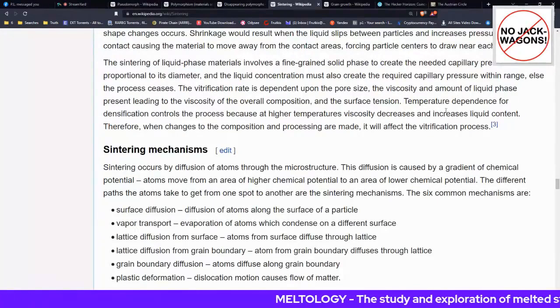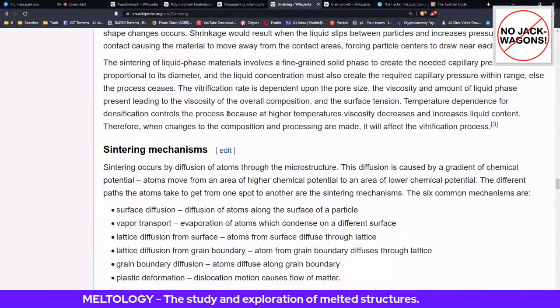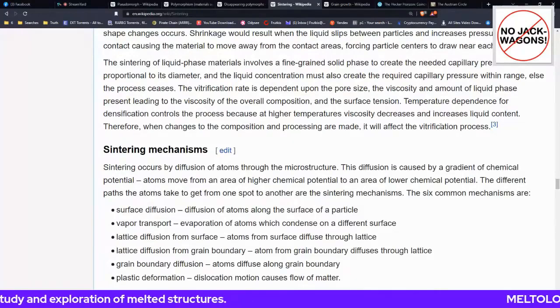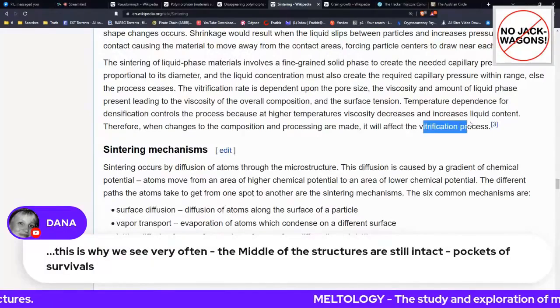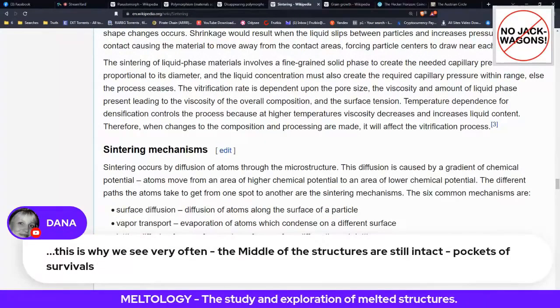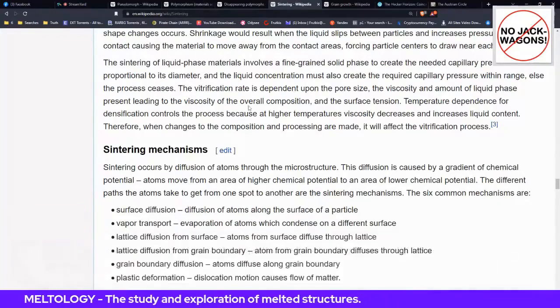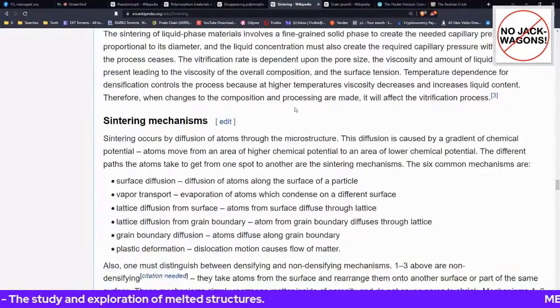So it creates the same thing even at high temperature. Therefore, when changes in composition and processing are made, it will affect the vitrification process. That's why we can see some that are vitrified and some that are not. It just depends on the tension and the composition of the material already there.